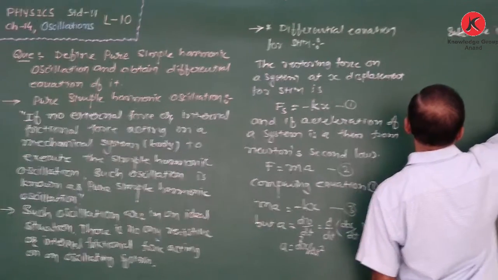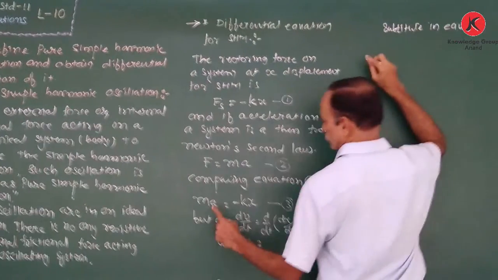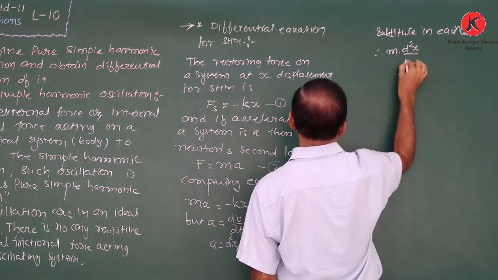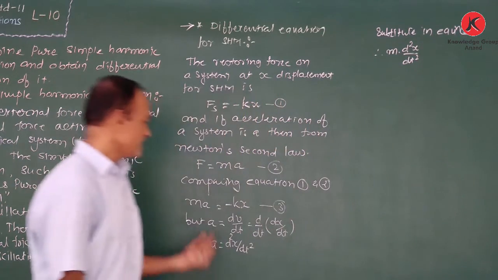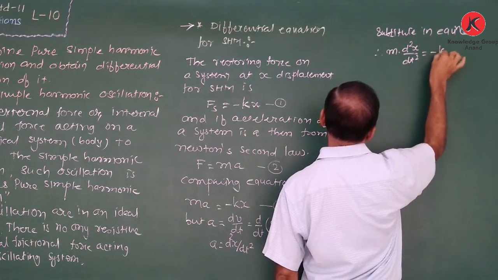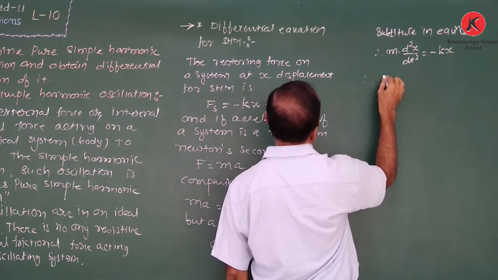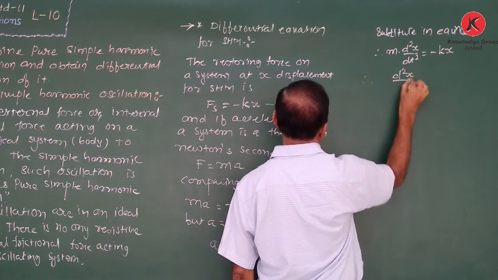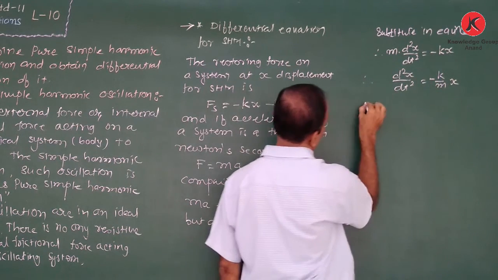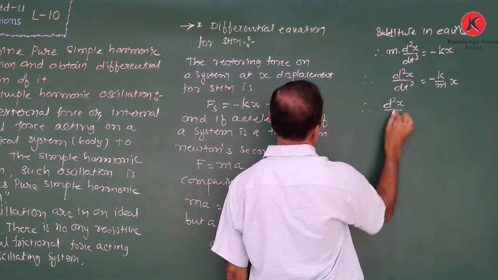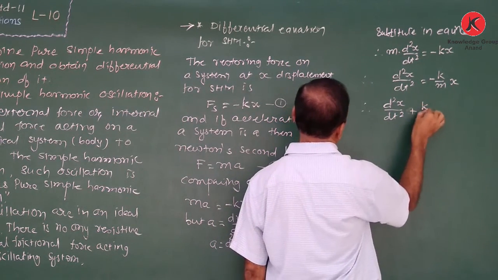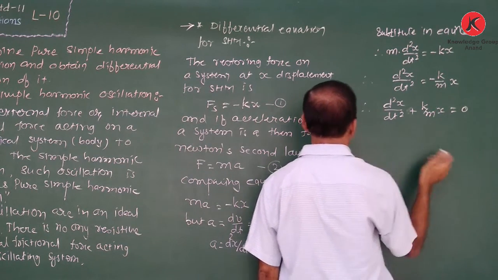Therefore, m into d squared x upon dt squared is equal to minus kx. Therefore, d squared x upon dt squared is equal to minus k by m into x. Therefore, d squared x upon dt squared plus k by m into x is equal to 0.